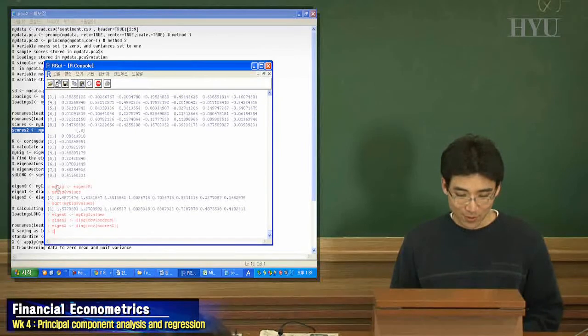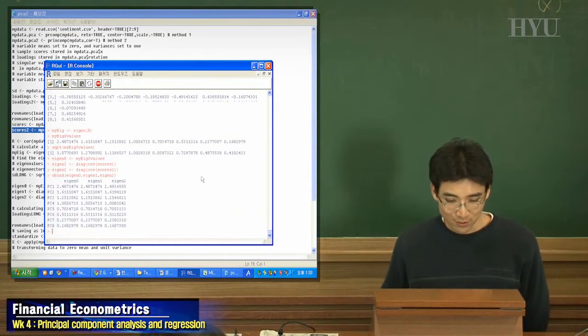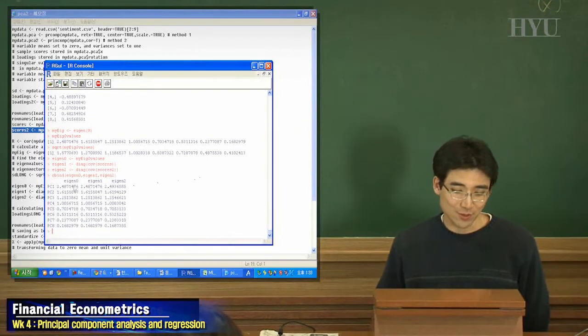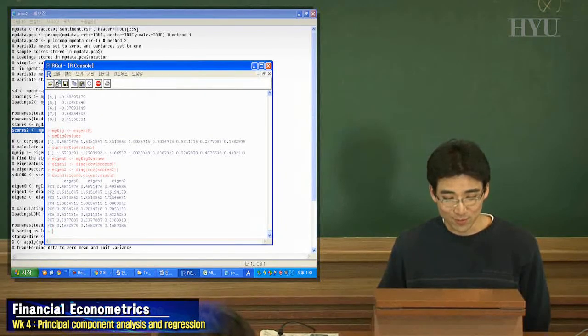So I can compare them with cbind, which is column bind. Eigen 0, eigen 1, and eigen 2. Then I have answers like this. Originally, if they generate exact numbers, the three numbers should be the same. But as you can see, they are slightly different from each other.